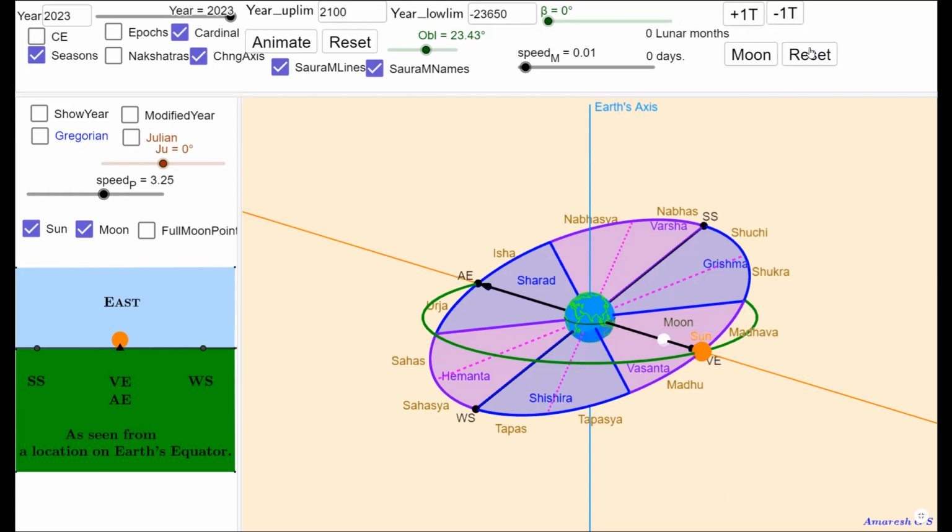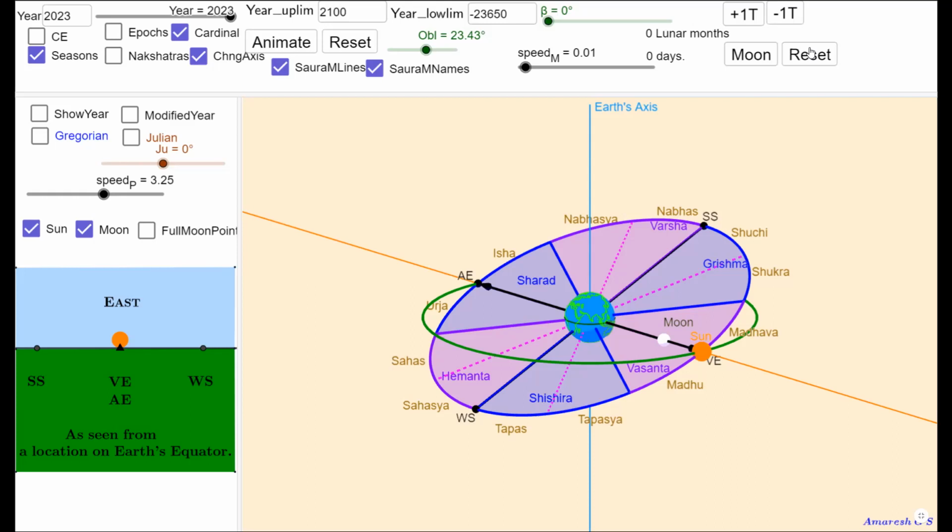We already talked about the reasons: so that the lunar months and their association with the seasons is maintained. Because in the Indian calendar, we talk about which two months coincide with a particular season, not using the solar months, but using the lunar months.